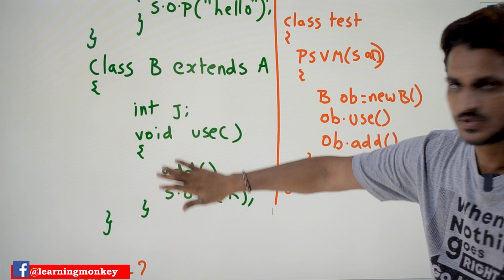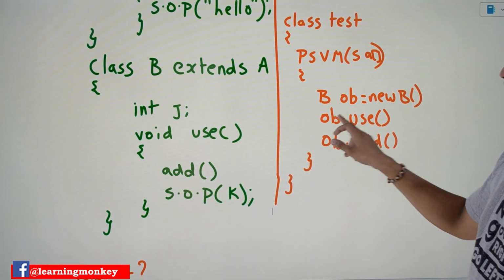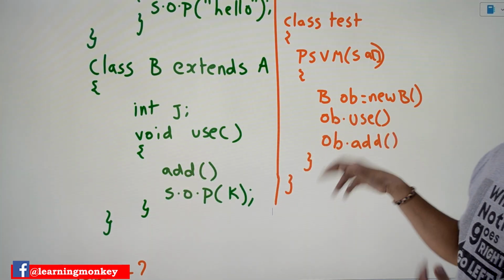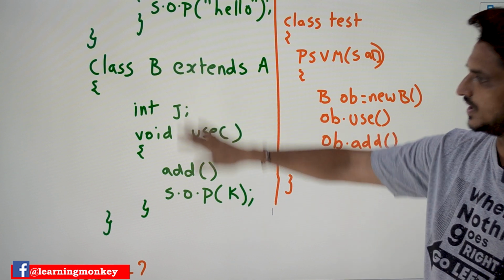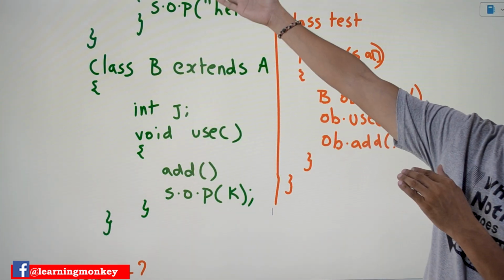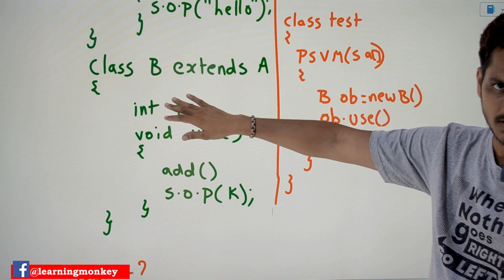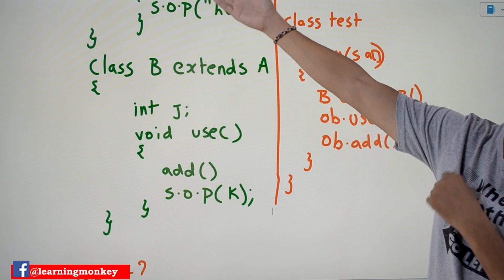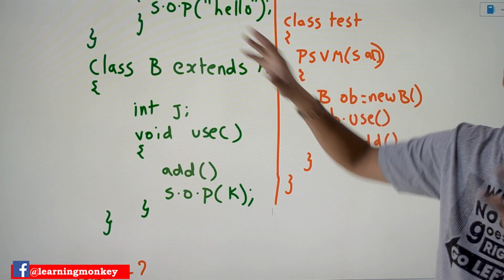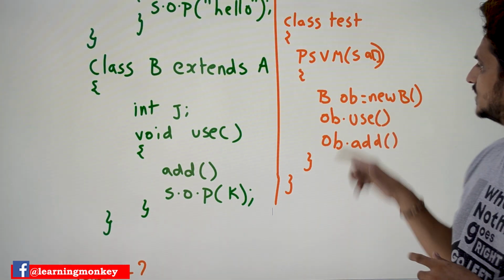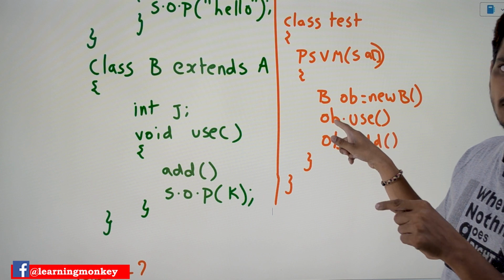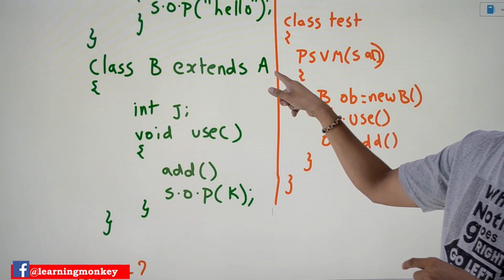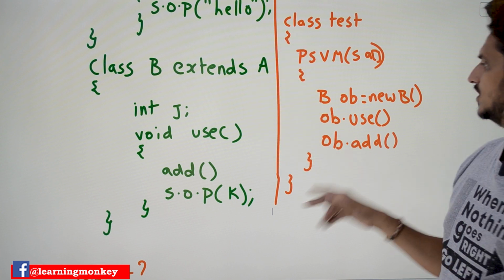Once you have created the object for B, you can call any of the methods present in B or the methods present in A, and the instance variables present in B or in A. You can call any of them using ob, because you have created an object for B, and B extends A. So you can use both.